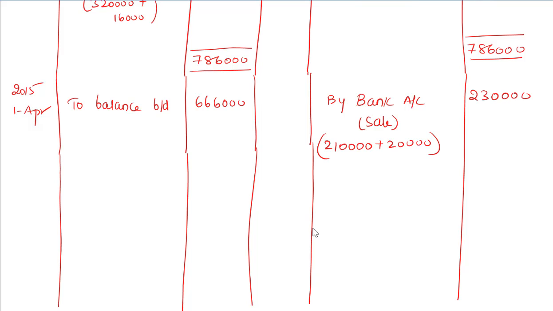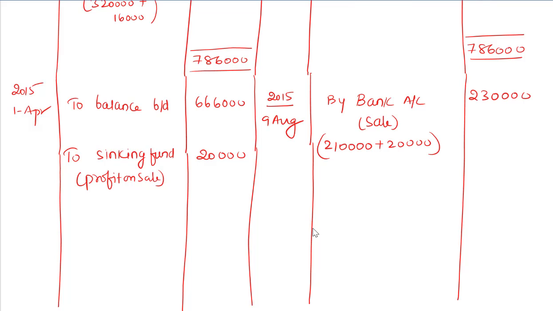This profit is to be recorded here, 20,000, to sinking fund account, profit on sale 20,000. The date is 9th August.